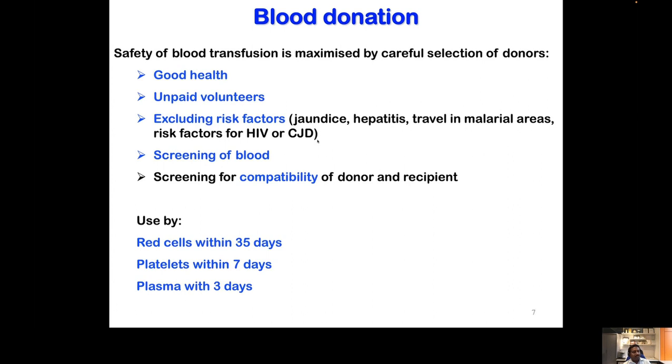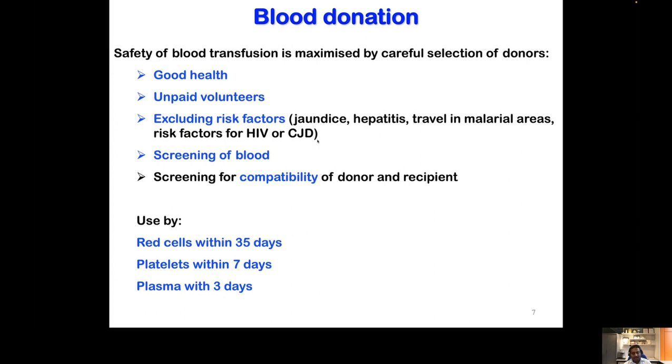So for example, red cells need to be used within 35 days. Again, in the first lecture, we talked about the lifespan of these cells. Red cells normally have around 120 days of lifespan, but the donated blood must be transfused within 35 days in order to avoid cell lysis, or to avoid transfusing any low quality red cells.